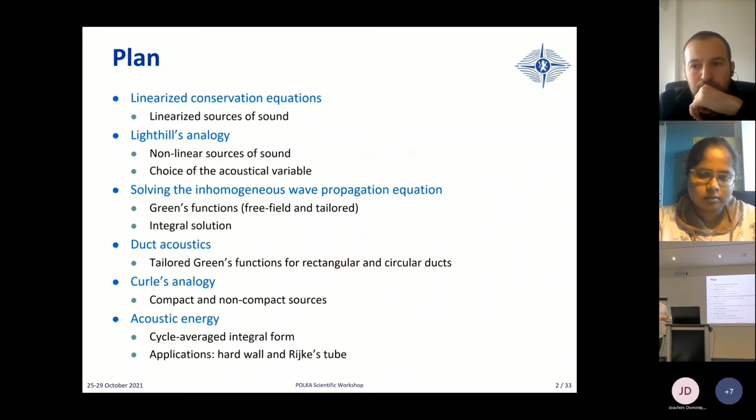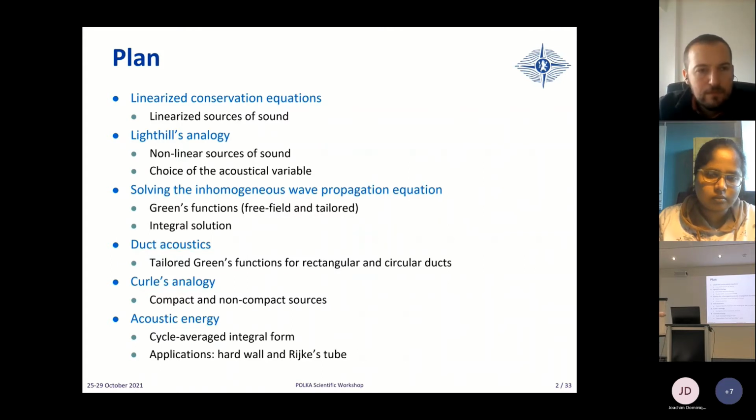So if you want to predict the noise emitted by turbulence, you need to not linearize the equations of fluid mechanics, but you will see that Lighthill's analogy proceeds very much in the same way as when you linearize the conservation equations to form a wave propagation equation. This time we will retain the nonlinear sources of sound and notably the turbulence.